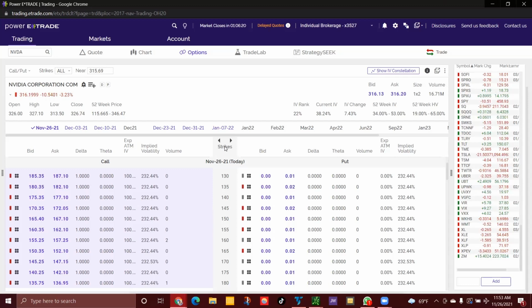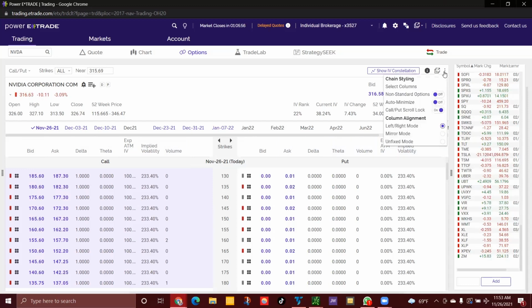All right, so with that said, Power E-Trade. Misha, first of all, make sure you set up your columns correctly. I want bid, ask, delta, theta, implied volatility. I don't even need volume; I don't know why I've got that on there. And of course you can change your columns, it's just been so long since I've messed with that.